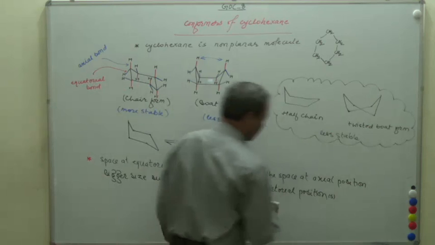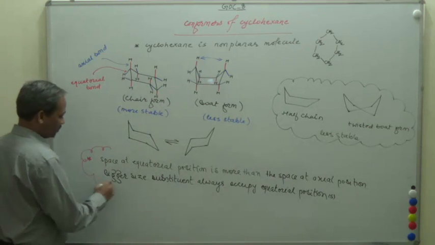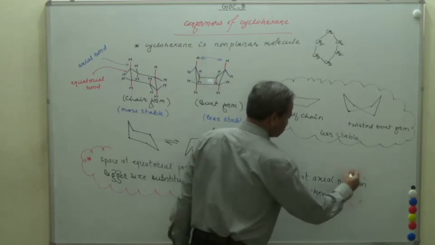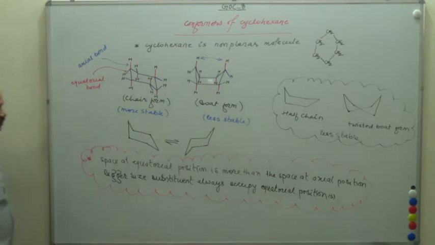If there is more than one substituent, then they always occupy the equatorial positions.